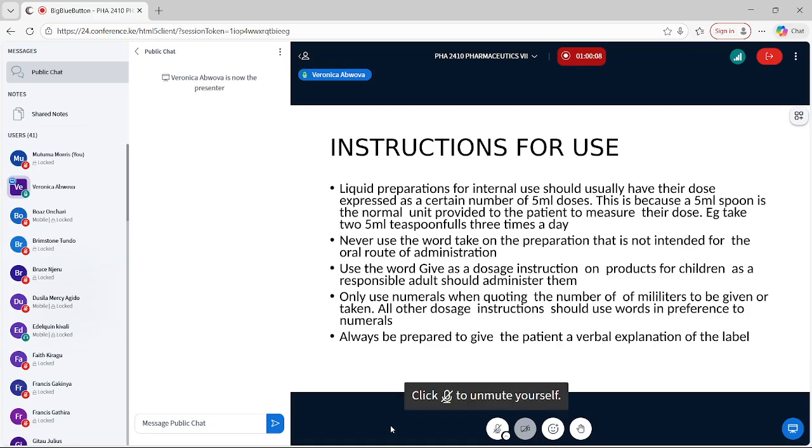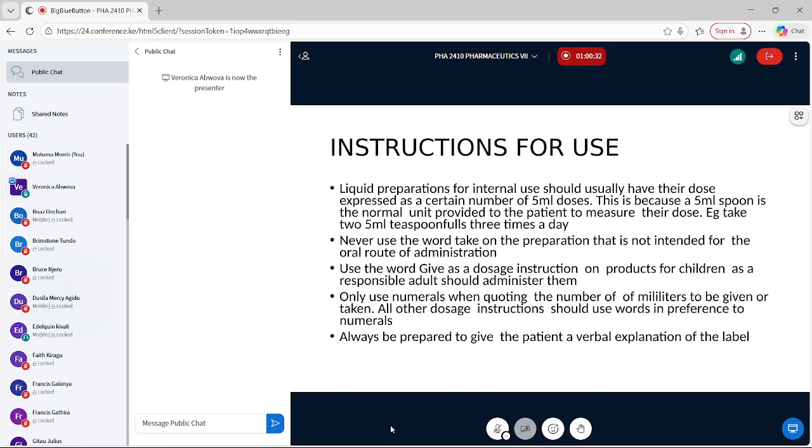Then liquid preparations for internal use should usually have their dose expressed as a certain number of normal units provided to the patient to measure. So their dose, e.g., take 2 5 ml teaspoons 3 times a day.